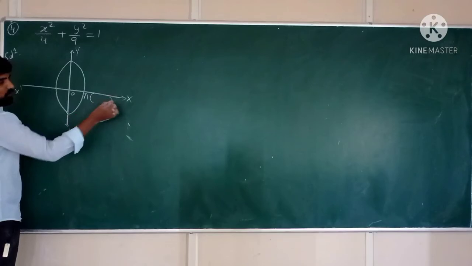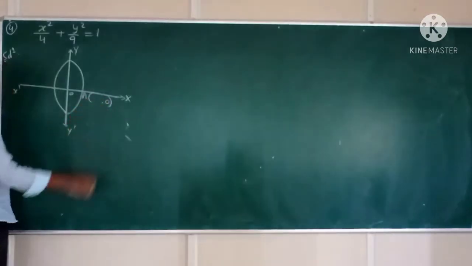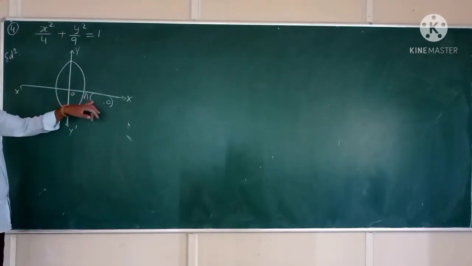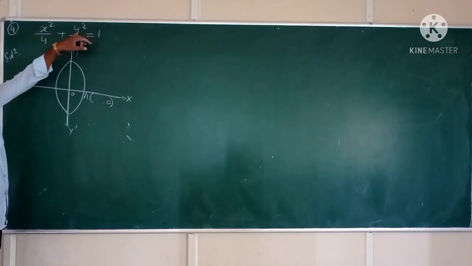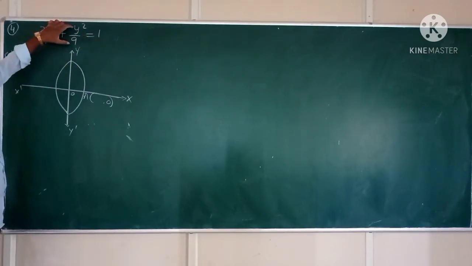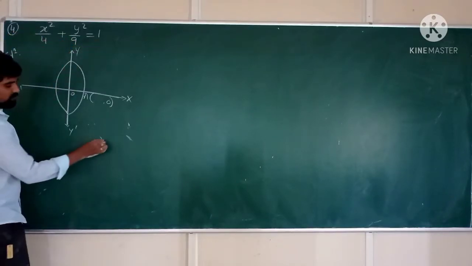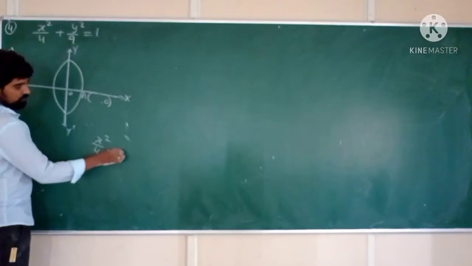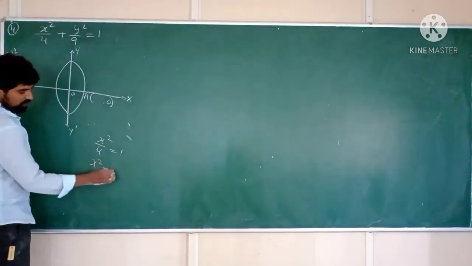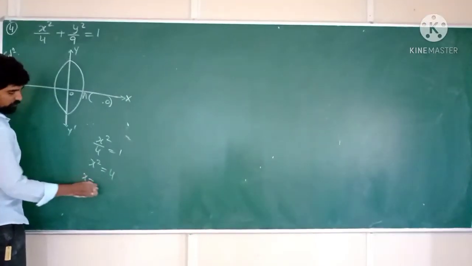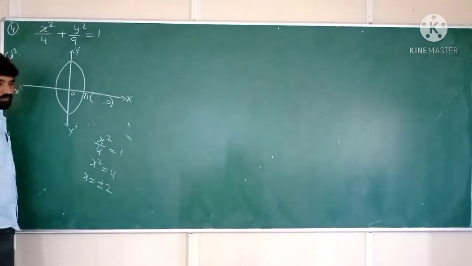Therefore, the y coordinate of the point A should be equal to 0. For the x coordinate, put y equals 0 in the given ellipse. So 0 square by 9 is 0. x square by 4 plus 0 is equal to 1. It means x square by 4 is equal to 1, so x square is equal to 4. So x should be equal to plus minus 2.